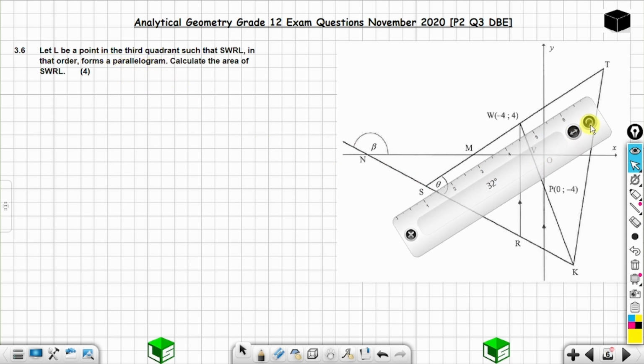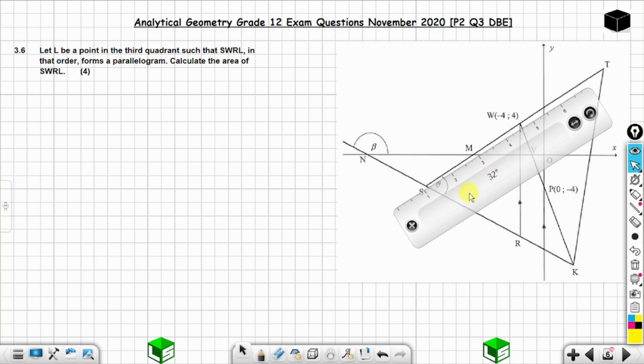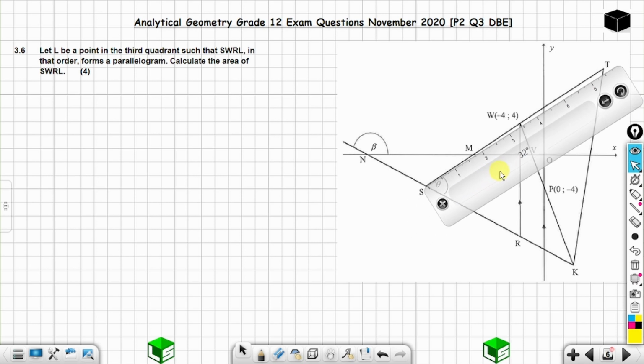So let's measure this side because the opposite side must be equal in length and they must be parallel. So this side is 3.5. Can you see? This is 4, this is 3, 3.5, okay.